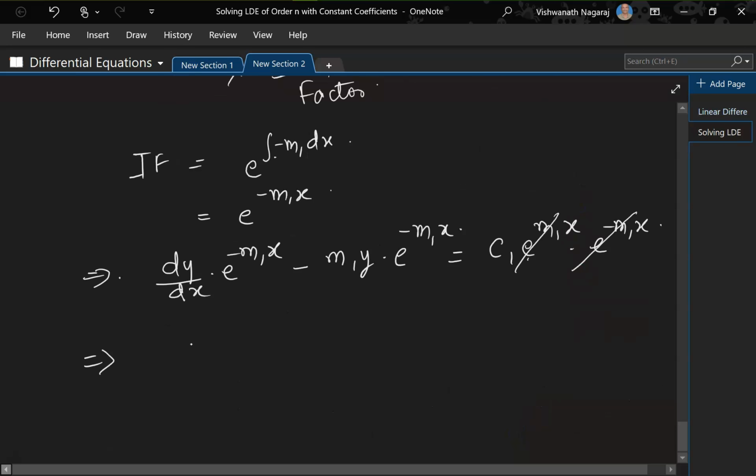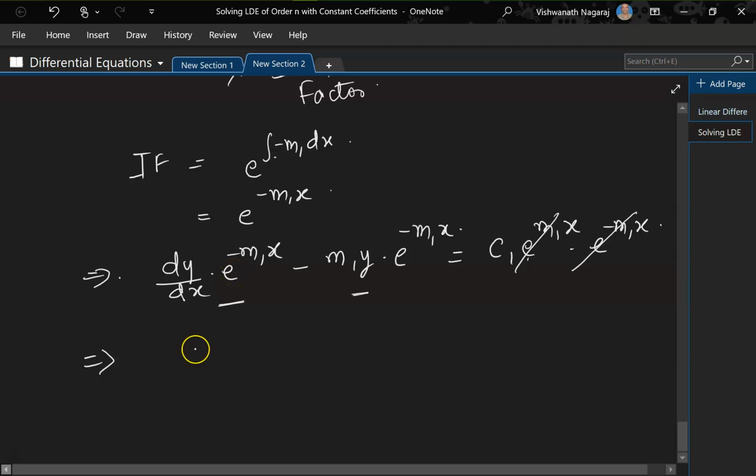Now let's look at this and this. Can we combine them? If you notice, e to the power of minus m1x is as it is, and this is the differential, or dy by dx. Whereas here y is as it is, and this is the differential of this.